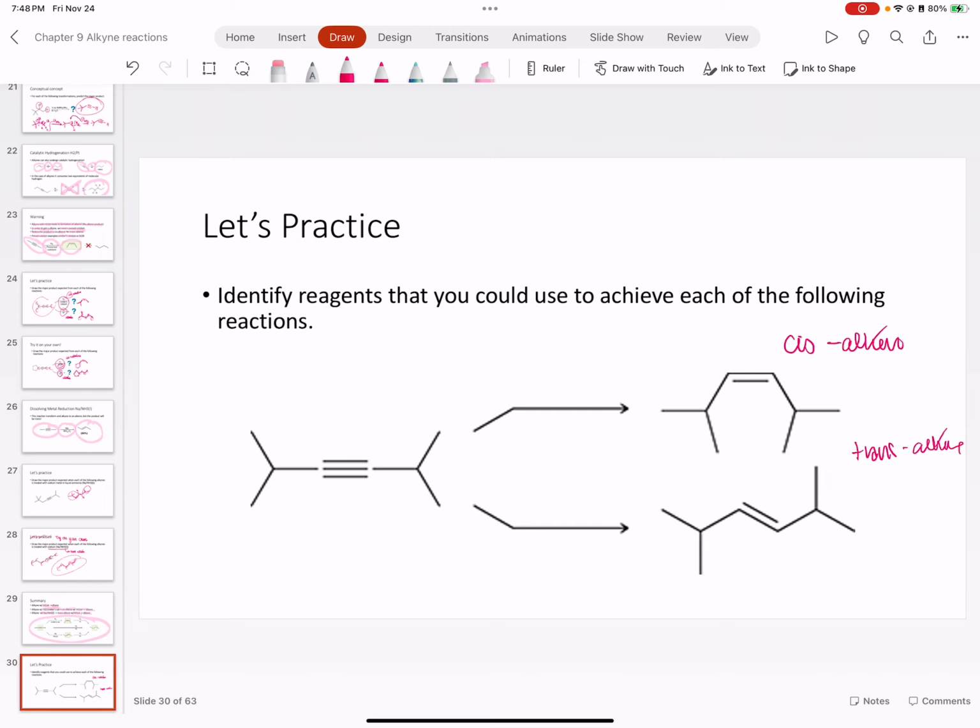So then we can use H2 with Lindlar's. And for a trans alkene, it's like the previous example we did before. We used Na and liquid NH3, right?